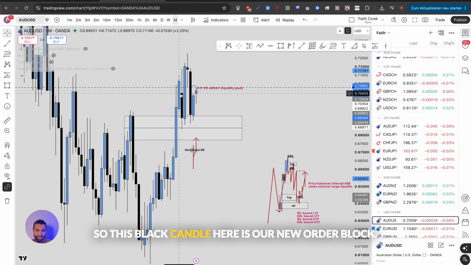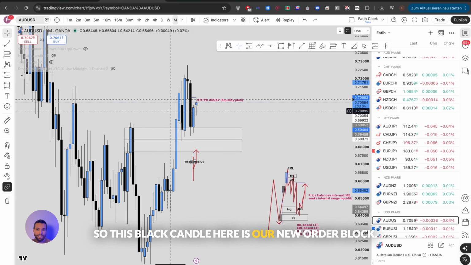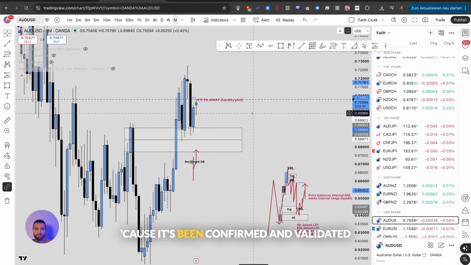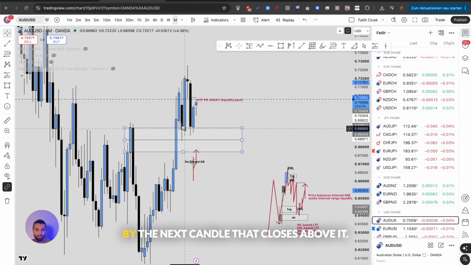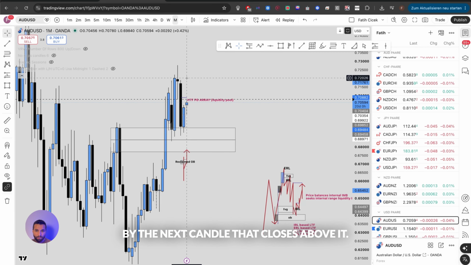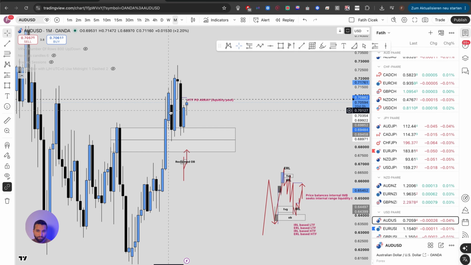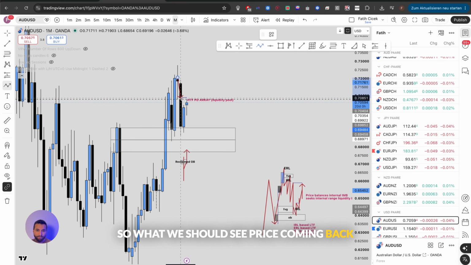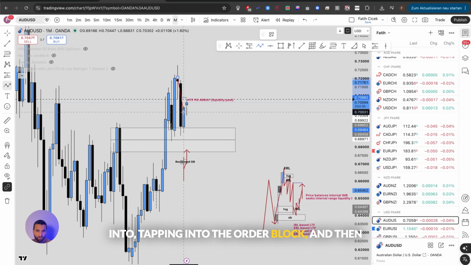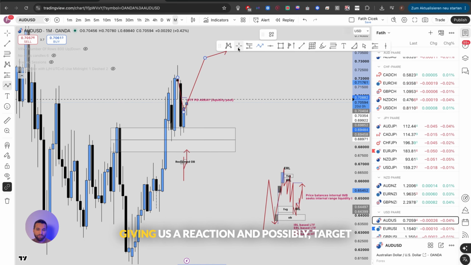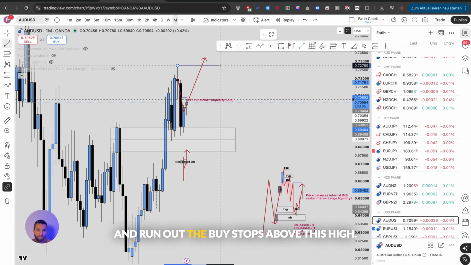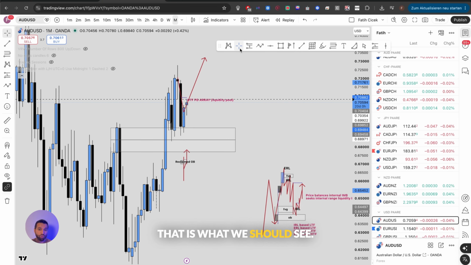So this black candle here is our new order block. Why? Because it's been confirmed and validated by the next candle that closes above it. All right. So we should see price coming back, tapping into the order block and then giving us a reaction and possibly targeting and running out the buy stops above this high. That is what we should see.